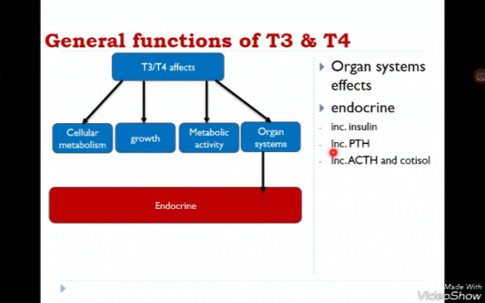The third hormone that will be increased by the effect of thyroid hormone is ACTH and cortisol. Why? We know that thyroxine increases the metabolic activity of the liver. The liver is going to metabolize all steroid hormones, cortisol and so on.